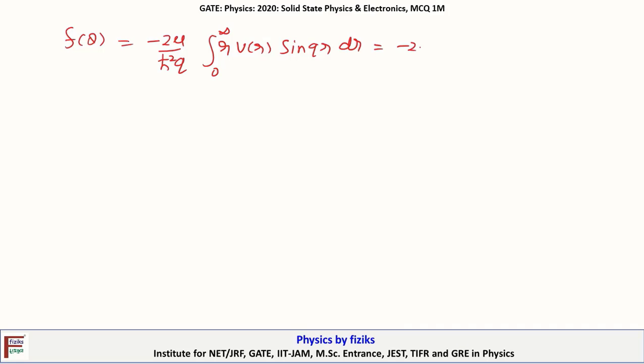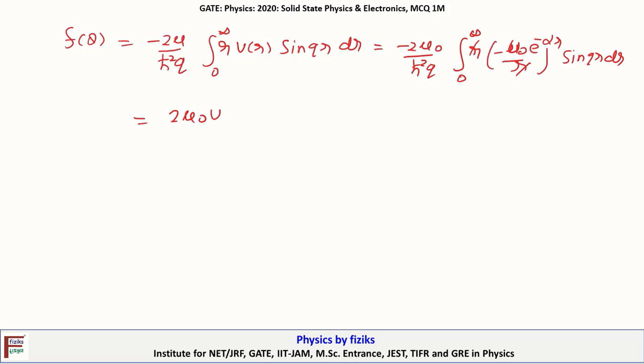Now minus 2 mu by h square q, integral 0 to infinity r, here you would have minus U0 e to the power minus alpha r by r into sin qr dr. So the result will be 2 mu U0 by h square q, integral 0 to infinity e to the power minus alpha r sin qr dr.